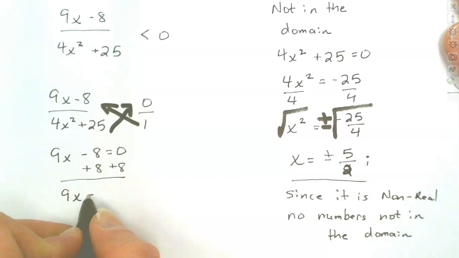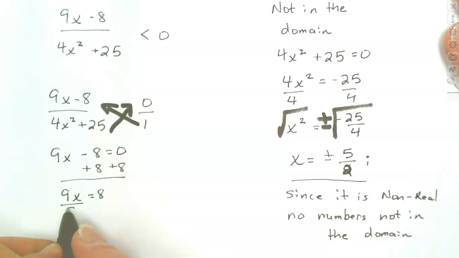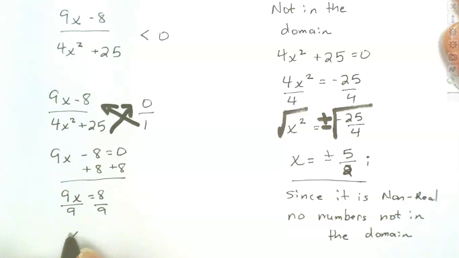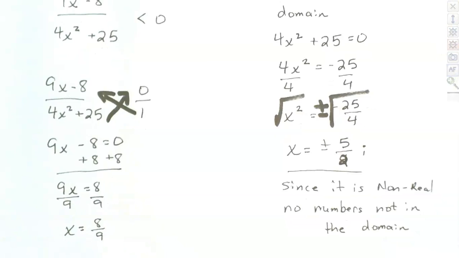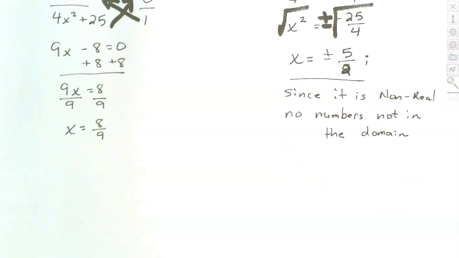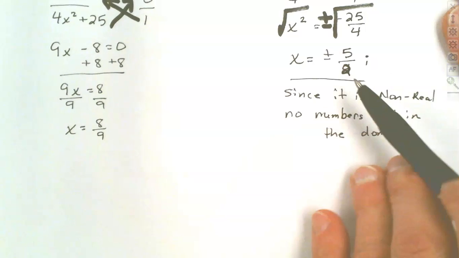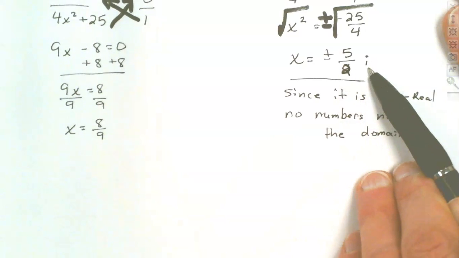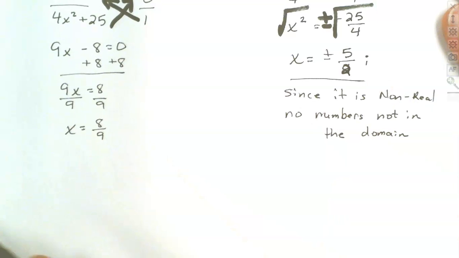And so 9x equals 8. Divide by 9. And we've got x equals 8/9. Now, we have no other things to worry about because we cannot plot this imaginary number on the number line. So the only part we have to worry about is that 8/9.